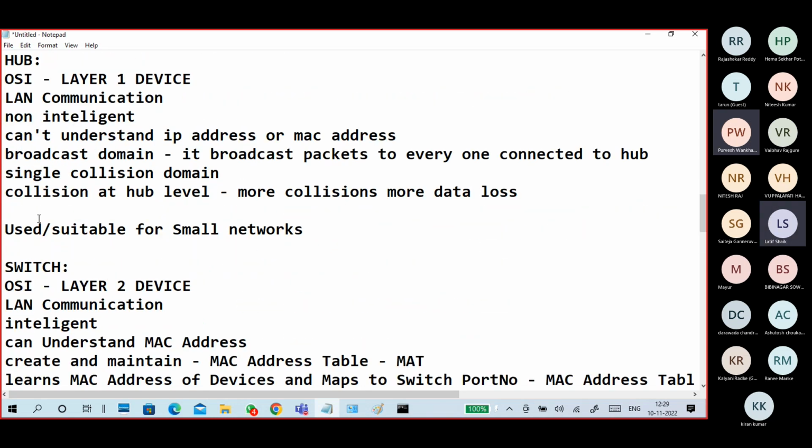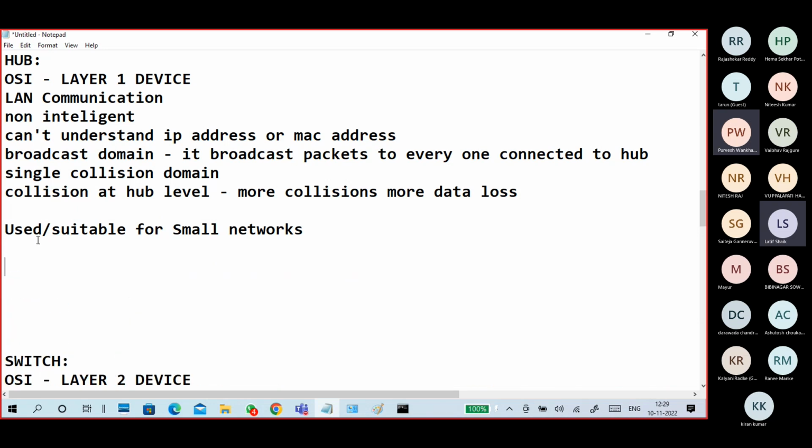Yes, I said there is a point for a repeater. A repeater is a device that repeats the signal to communicate over a long distance.